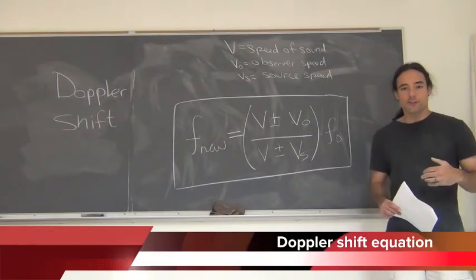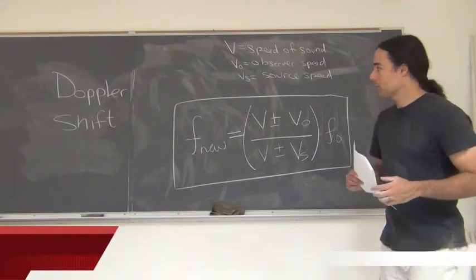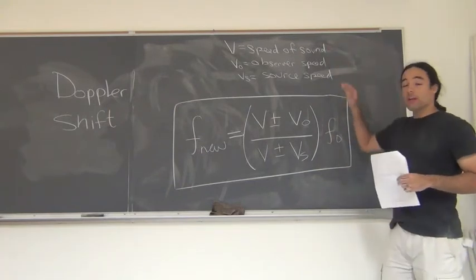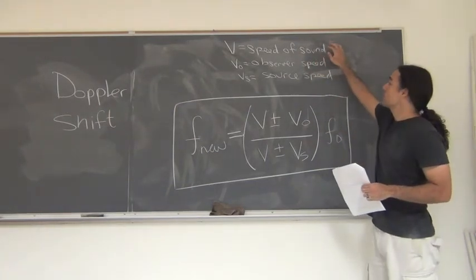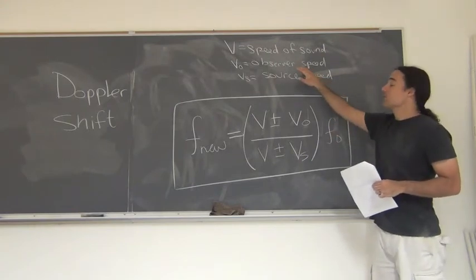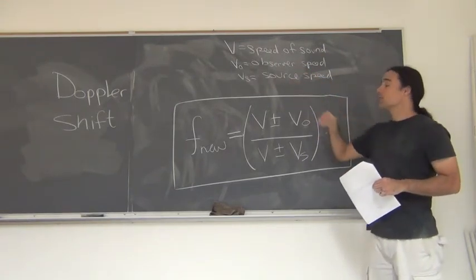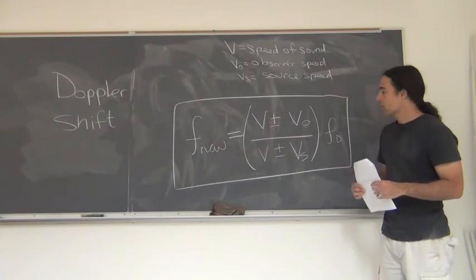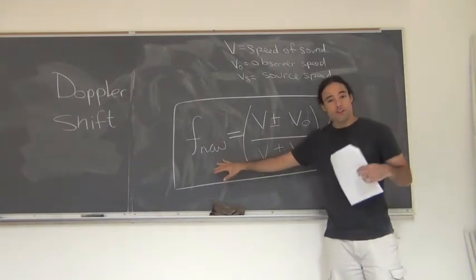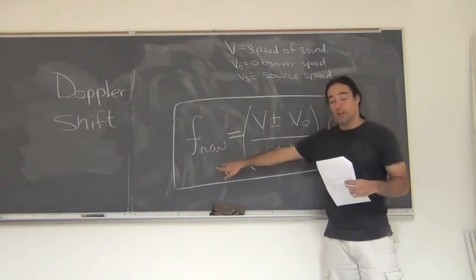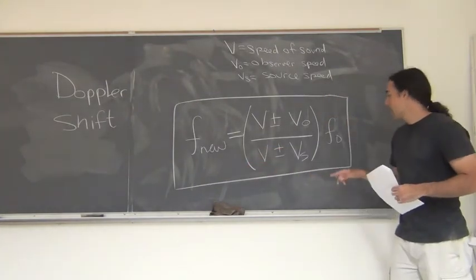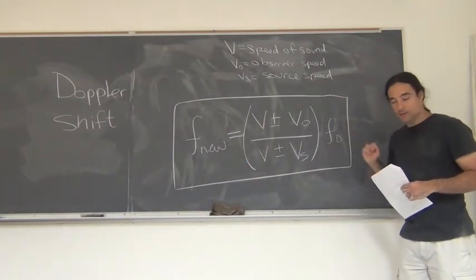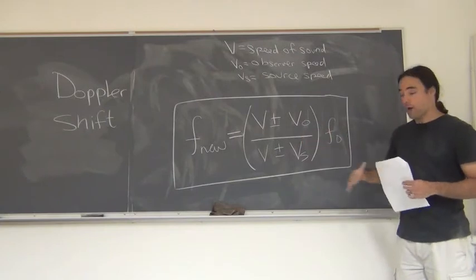Let's see if we can express the Doppler shift mathematically. We have three speeds we're concerned with, one of which is the speed of sound, one of which is the observer's speed, one of which is the speed of the source. We can express mathematically the change in the frequency, so my new frequency, compared to my original frequency, f naught, using this equation.